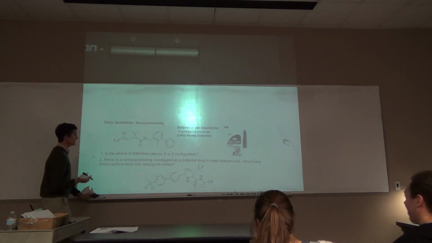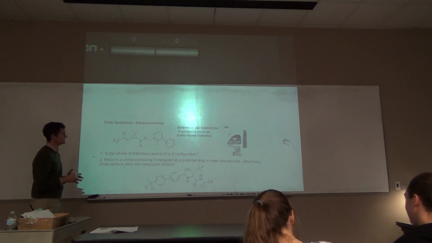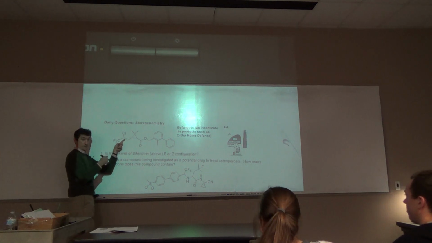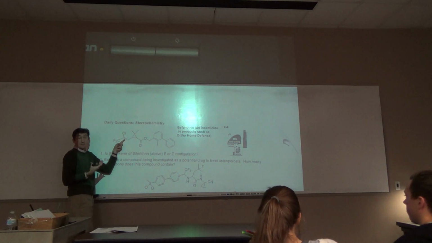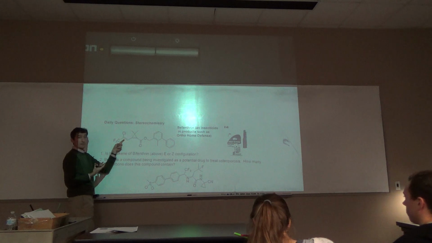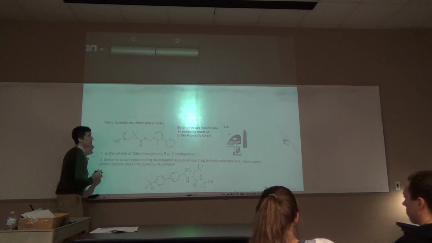How many stereoisomers possible with that compound? Well, how many stereogenic sites does it contain? This alkene is stereogenic. It's got two possibilities, E or Z. This could have been drawn as E. That would be a stereoisomer. This alkene is one site. Any other stereogenic sites?